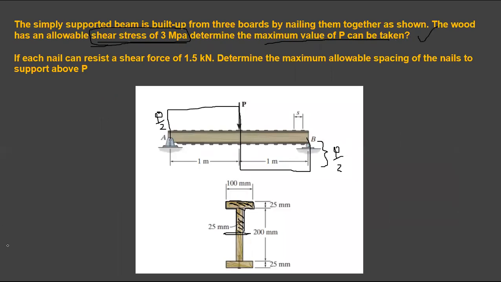So then they ask, if each nail can resist a shear force of 1.5 kilonewton, determine the maximum allowable spacing of the nail support. So this kind of force can be taken by the nail, right? So let's assume a nail like this. So this area will be taken by one nail, right?